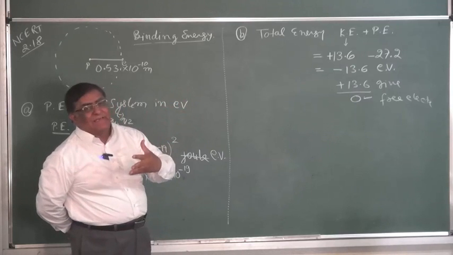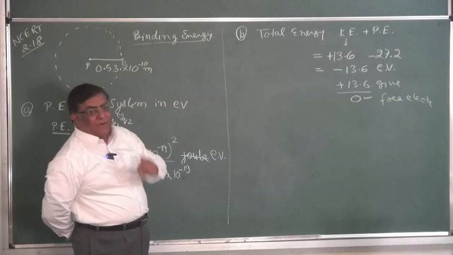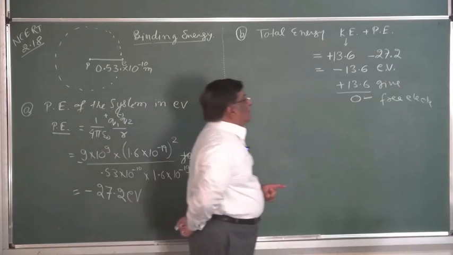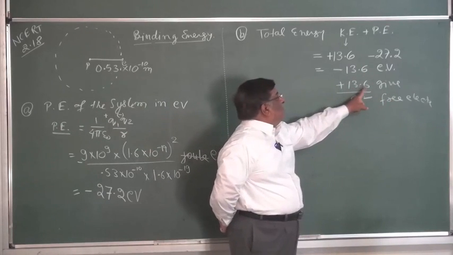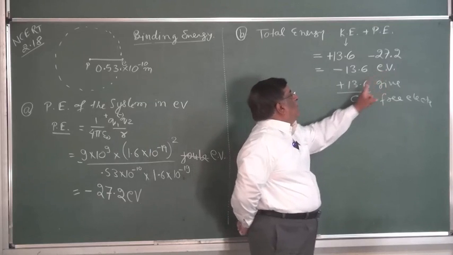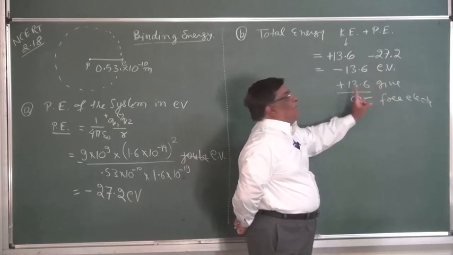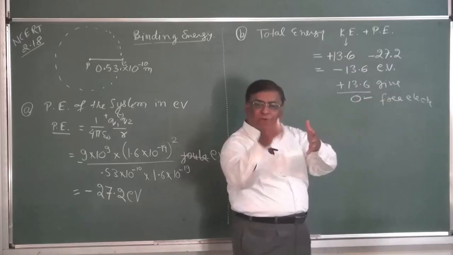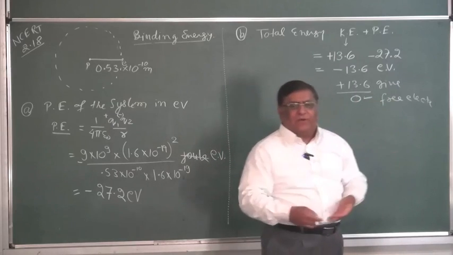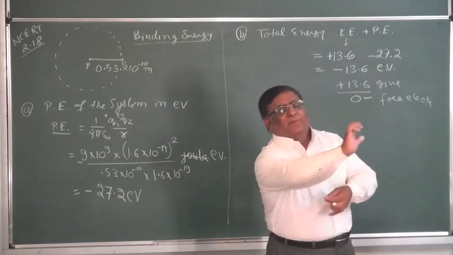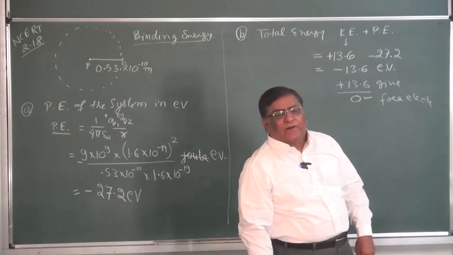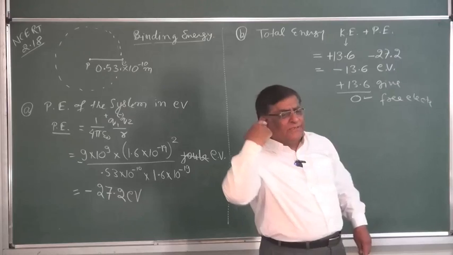Anyway, binding study is not our topic. Our topic is how much work we should do so that it becomes a free electron. Answer is 13.6 electron volt we will have to give it. How do we give it? We do work on it. We don't get into detail. Basically, we will give it a push. How much energy will we give it? 13.6.